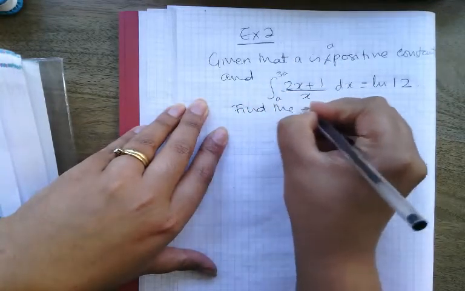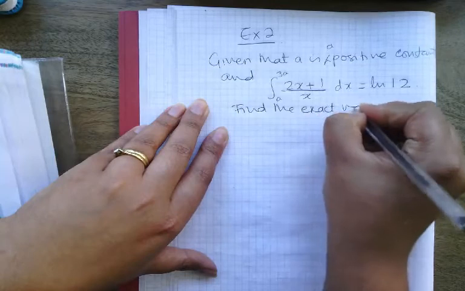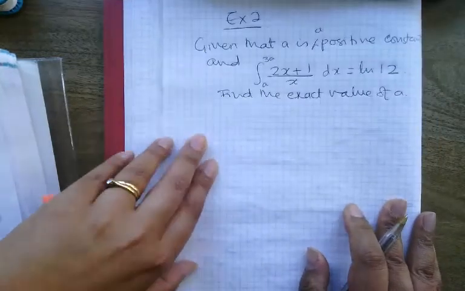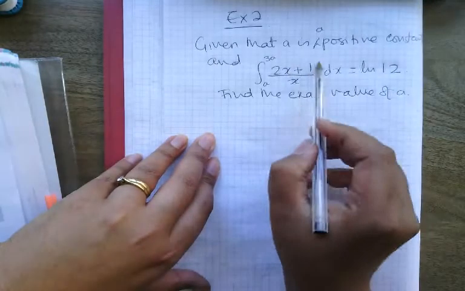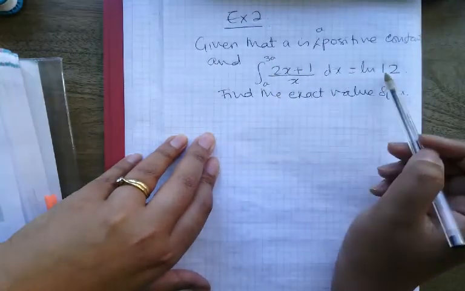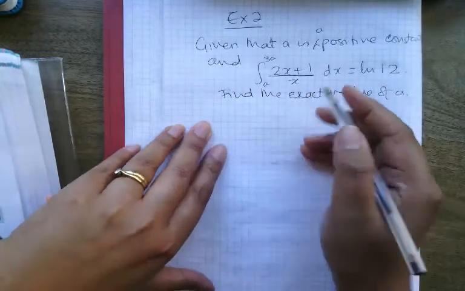Okay, so what I'm going to do is integrate this, put in the limits which you've learned from book 1, make it all equal to ln 12, and then solve my equation.